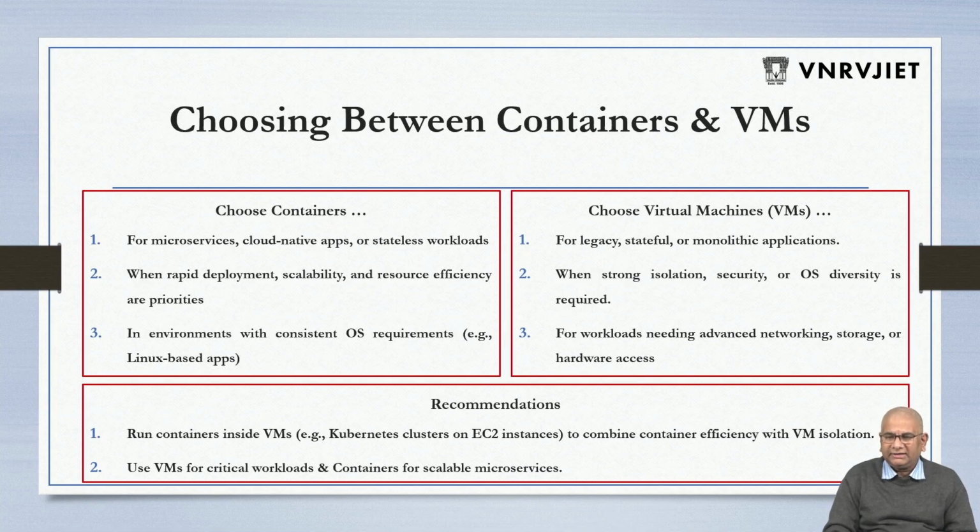So if you have a monolithic, legacy application to host, don't use Docker or something else. Use VMs. When rapid deployment, scalability, and resource efficiency are needed, use containers. When you need security, isolation, OS diversity, use VMs.